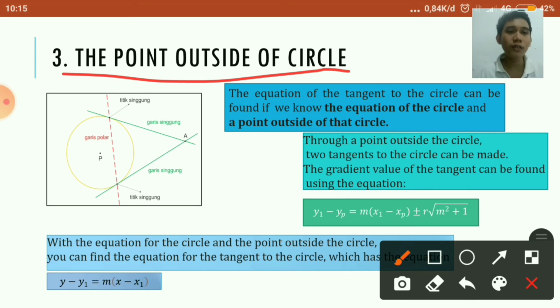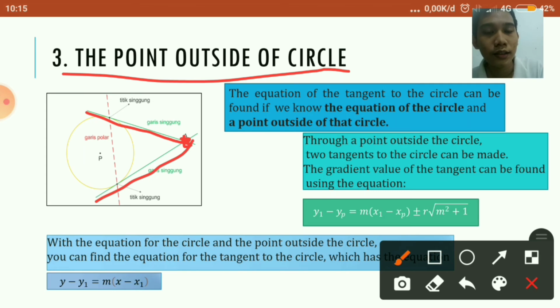The equation of tangents to the circle can be found if we know the equation of the circle and a point outside of the circle. Like in this image, point A is the point outside of the circle. Through a point outside the circle, two tangents to the circle can be made: this first tangent and this second tangent.